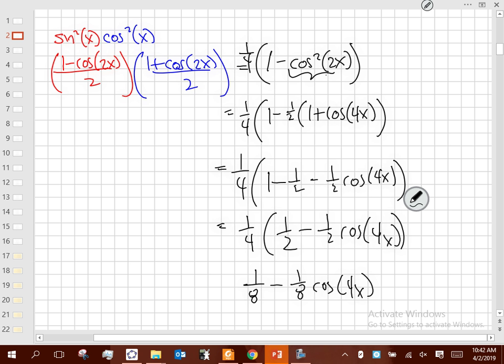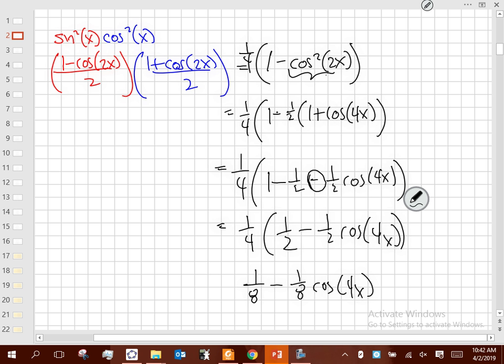I, however, think that even though it's a direct substitution of cosine squared, that's a longer process than maybe what we could do. And because of this negative sign here, it's negative 1/2, some people are going to mess up that sign eventually. Okay? So there's a way to avoid that.